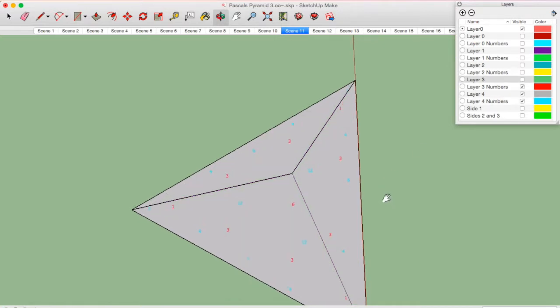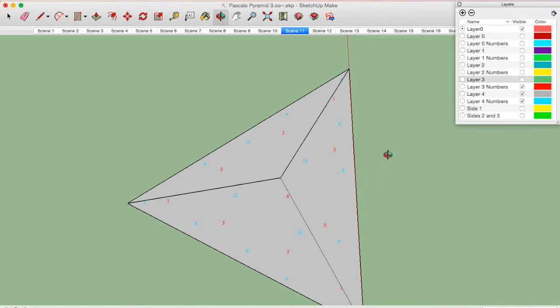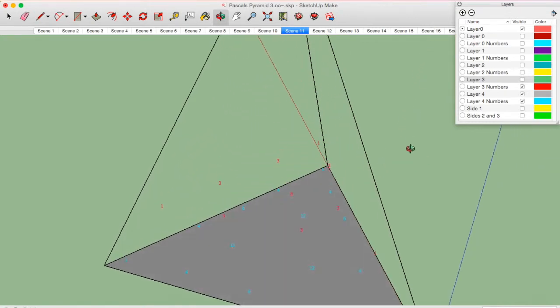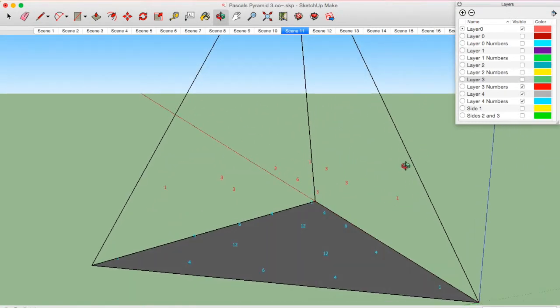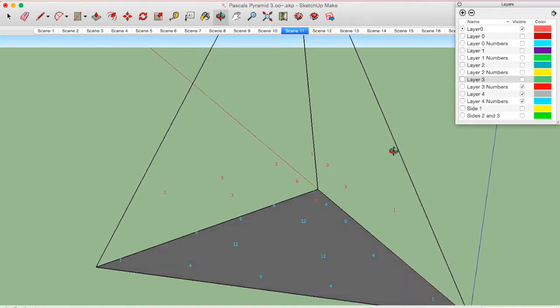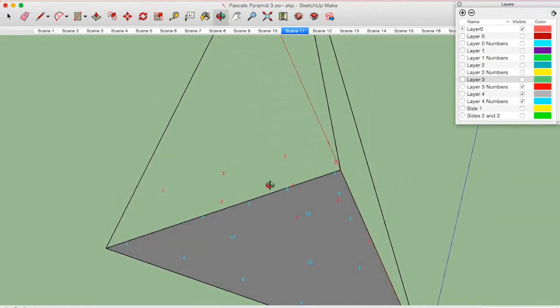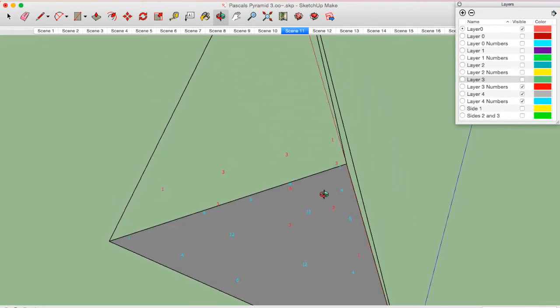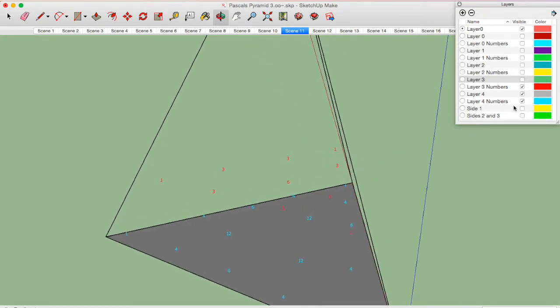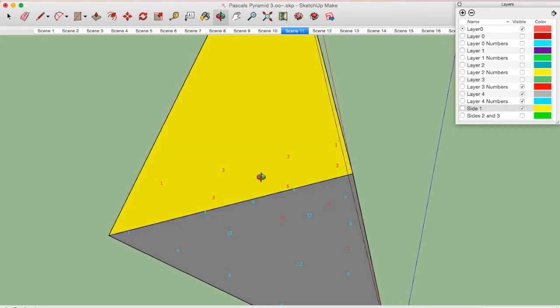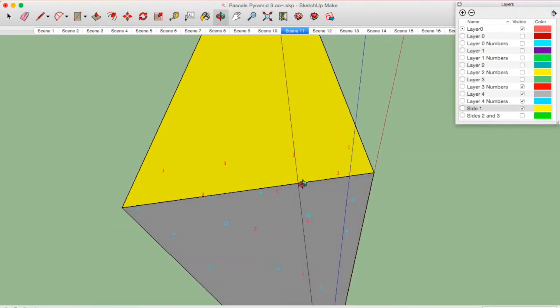And it looks a little strange. Remember that the red numbers are above the blue numbers. And so if we look at this back wall again, 1 plus 3 is 4, 3 plus 3 is 6, 3 plus 1 is 4.